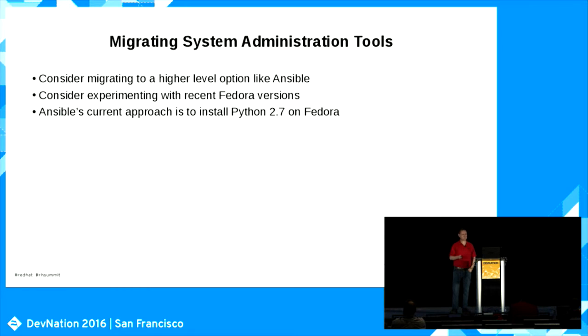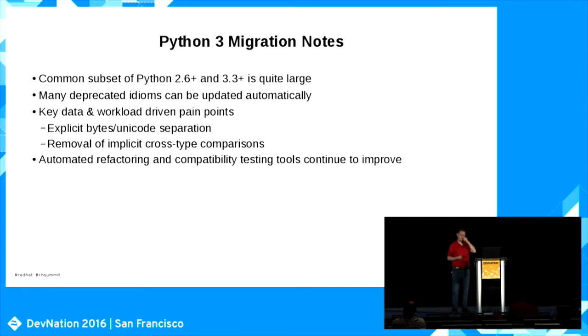And then some other miscellaneous notes on migrating to Python 3. The common subset of Python 2.6 and 2.7 and recent versions of Python 3 is actually really large. It's not quite native code in either variant, but you can write code in that common subset that looks a lot like idiomatic Python 2 code.